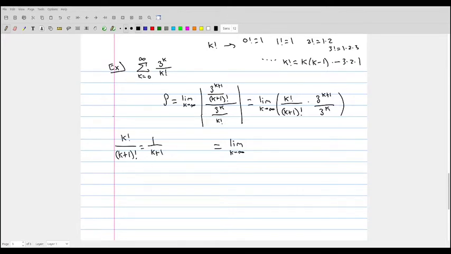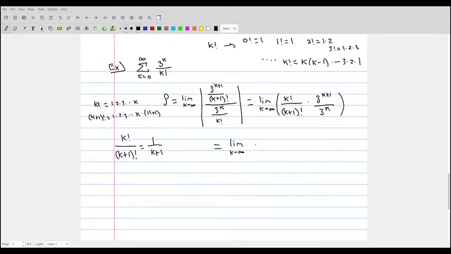Because if k factorial is equal to 1 times 2 times 3 all the way up to k, and (k plus 1) factorial is 1 times 2 times 3 all the way up to k plus 1, and you divide these two things by one another, you're left with a k plus 1 in the denominator.